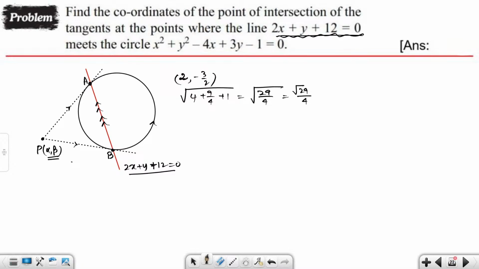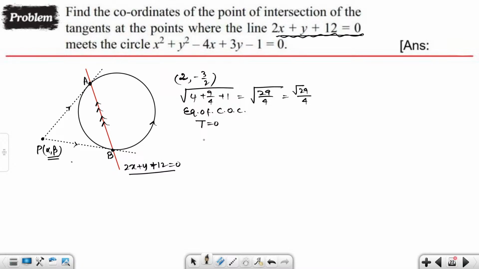Right? Whenever this kind of thing is given, always try to find the equation of the chord of contact in some other way, and then compare the coefficients. That's exactly what we are going to do here. We know the equation of the circle and we know that the point outside the circle is alpha, beta. Therefore, the equation of the chord of contact will be nothing but T equals 0.